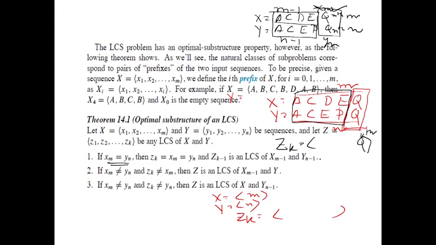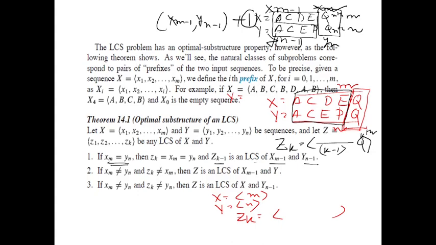So obviously k minus 1 will be remaining. So zk minus 1 is an LCS of x m minus 1 and y n minus 1. These two calls will be there, and the last one has already been matched. So for this first case we have developed the recursive equation.